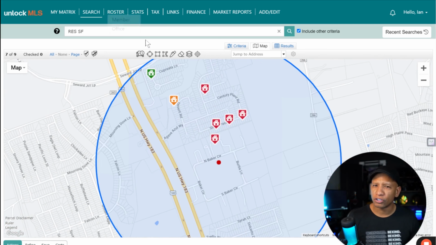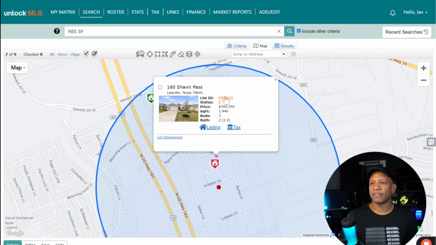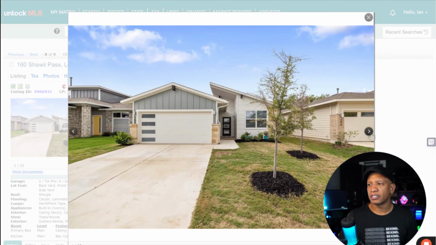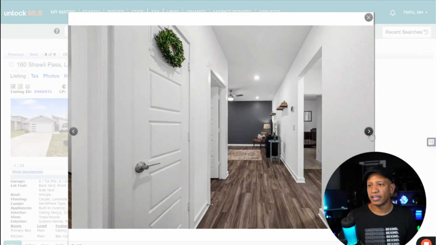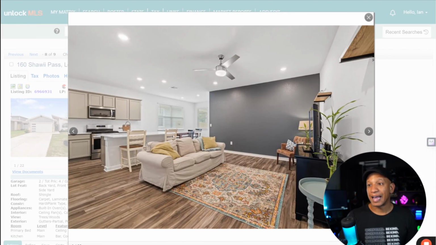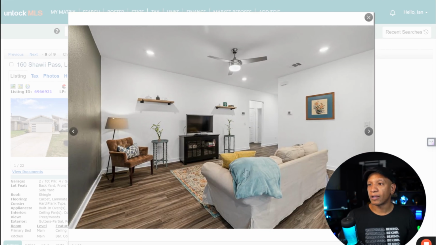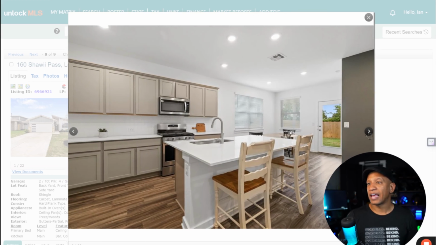We got to look at pictures. We have to look at some of their marketing. So like if I look at this house, this Shawley Pass, I want to see if the pictures that were taken are good. These are pretty good pictures. It's not staged, there's nothing on the walls, but it's fairly decent as far as cleanliness, right? It's bright. They even did the HDR photos.